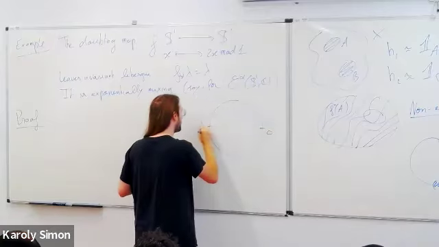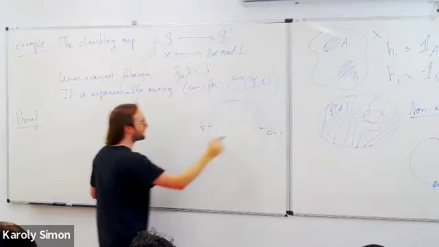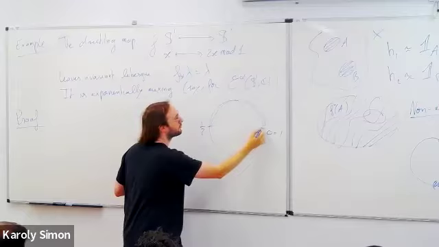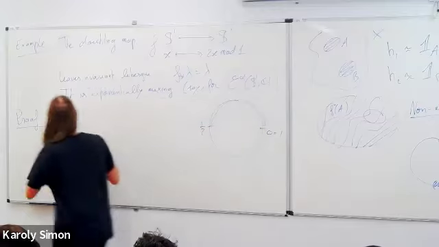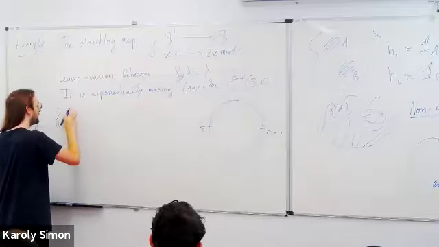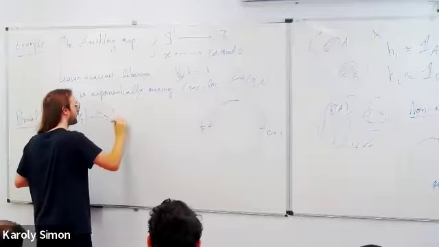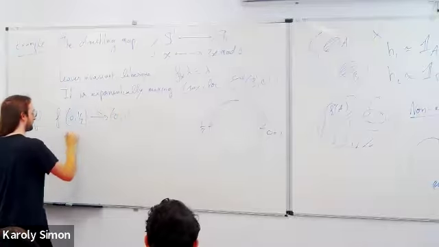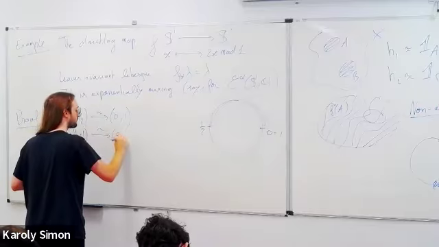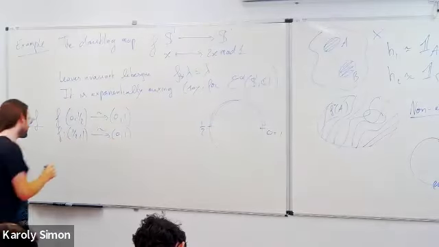So this is my circle. The doubling map sends this whole part into the whole circle bijectively, if you forget about the endpoints. So you can consider the inverse branches.